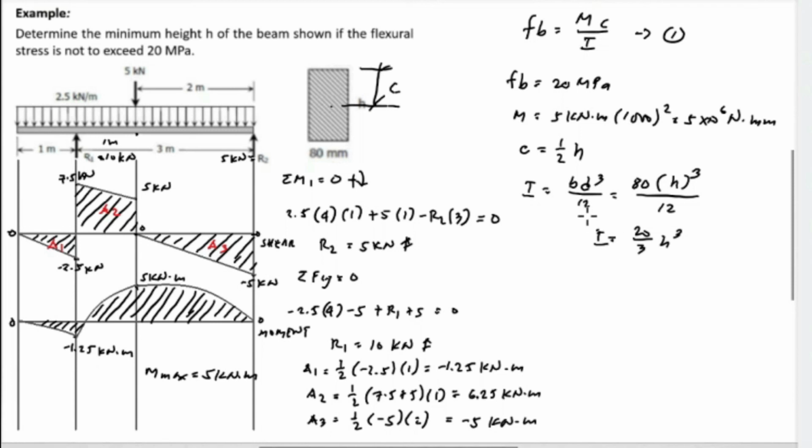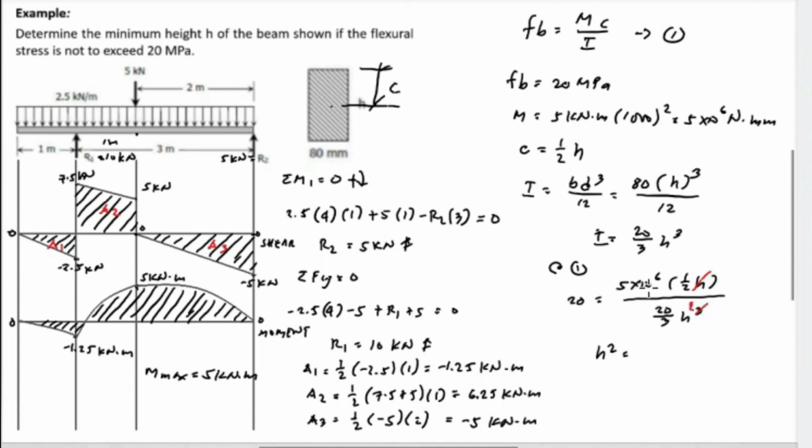The unknown is H. At equation 1, FB is 20. Equate that to M, which is 5 times 10 to the power 6, and multiplied by C, which is 1/2 of H, and we divide by I, or 20 over 3 H cube. And we cancel out H, and H, it will be squared.